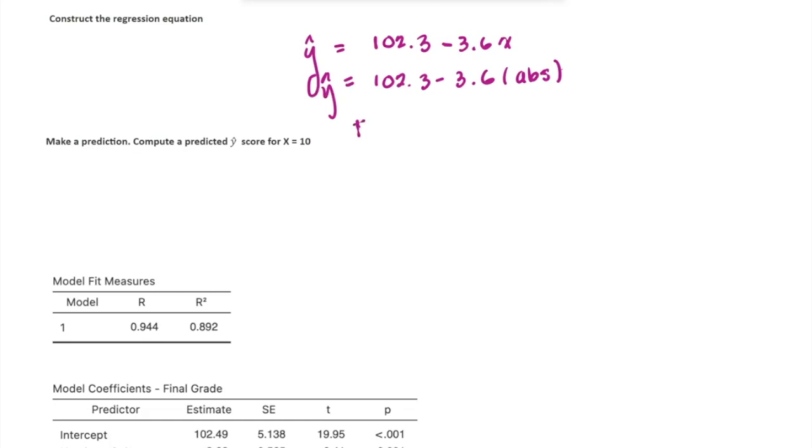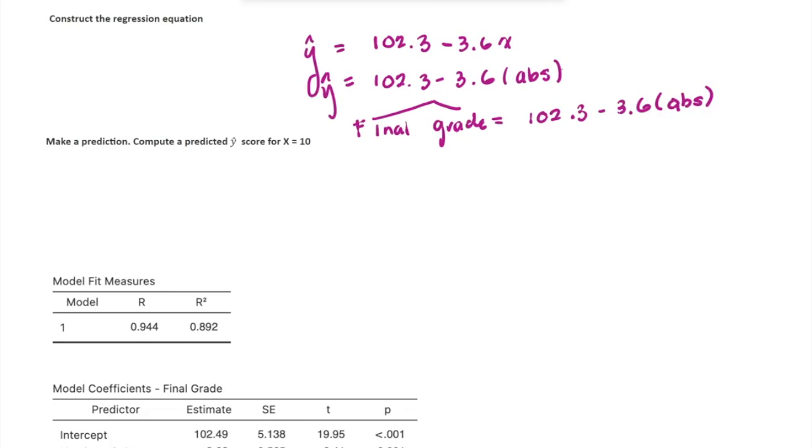You can also write it like this, final grade, and then you can have the little hat. I actually like this one because it makes more sense in the context of the problem.